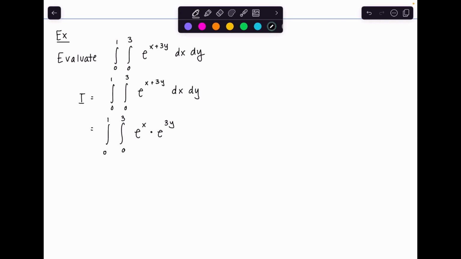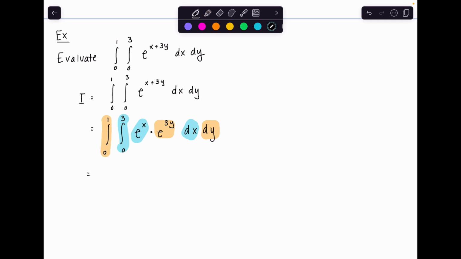So e to the x plus 3y is the same as e to the x times e to the 3y, and then integrated with respect to x and with respect to y. So my function dealing with x is e to the x, and because that's the variable that's first, my bounds on that are 0 to 3. And then we've got e to the 3y, which deals with y, and those bounds are 0 to 1.